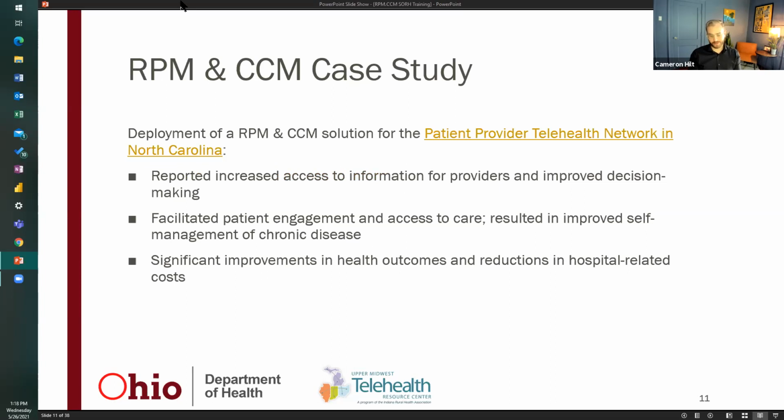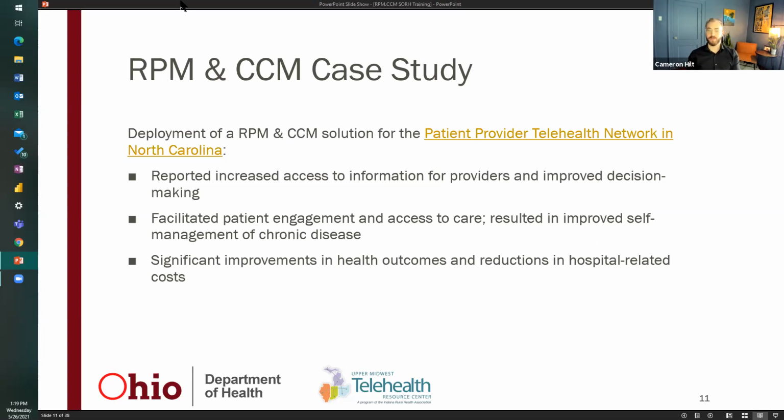Now, looking at a circumstance where they utilize both RPM and CCM together, we have an example from the Patient Provider Telehealth Network in North Carolina. They saw some general outcomes, such as increased access to information for providers and improved decision-making. It helped facilitate patient engagement, access to care, as well as the patient's management of their chronic disease.